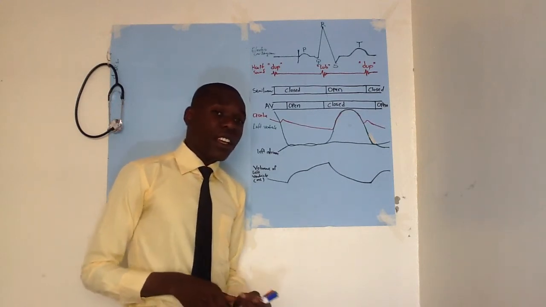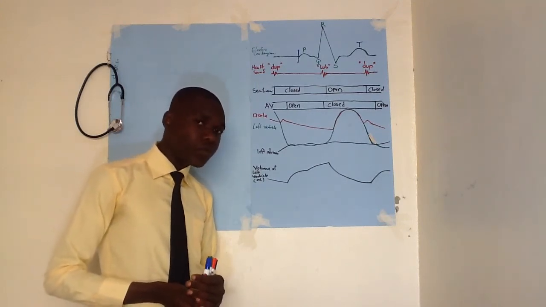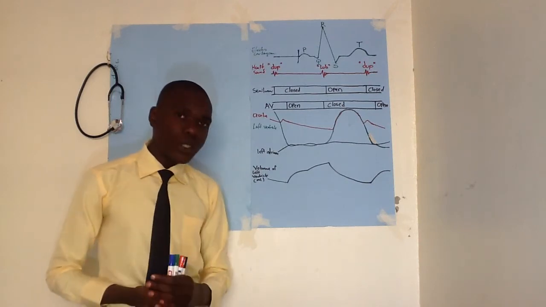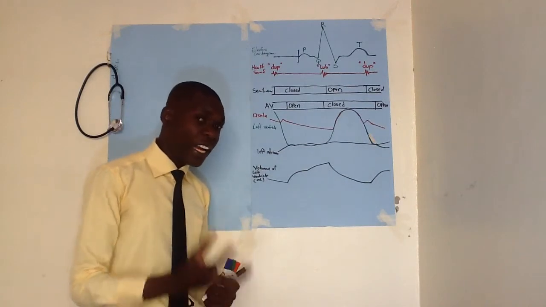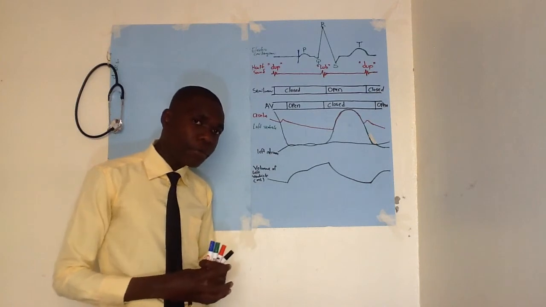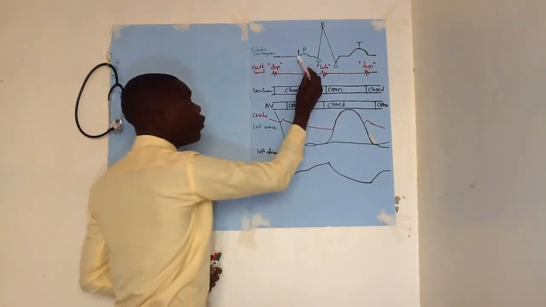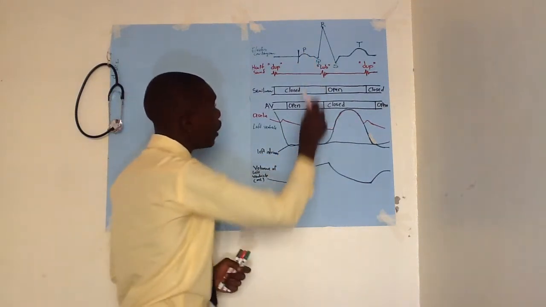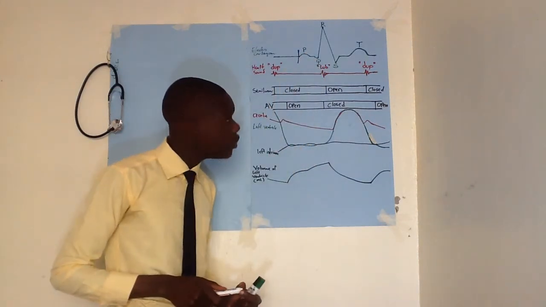The sinoatrial node has depolarized, and a charge has been sent across the atria, and the cardiac muscles in the atria are contracting. So a charge is going to be picked off the cardiogram, and you will see that charge.